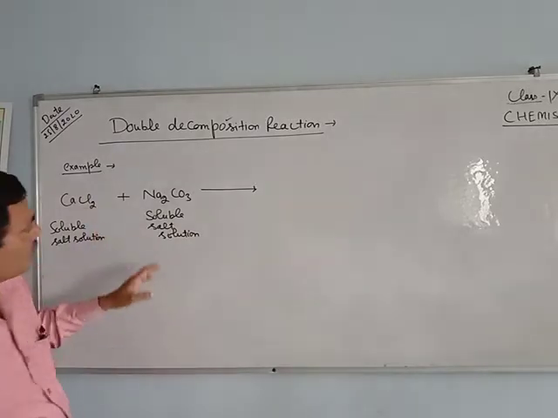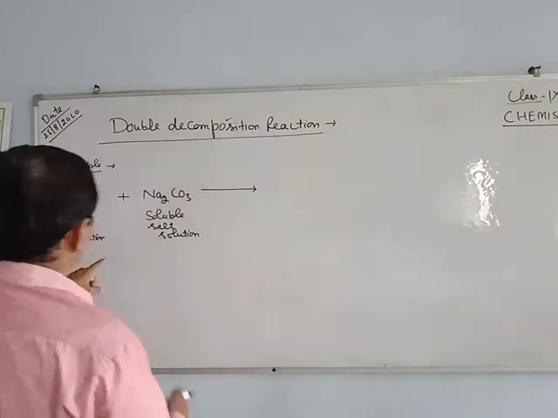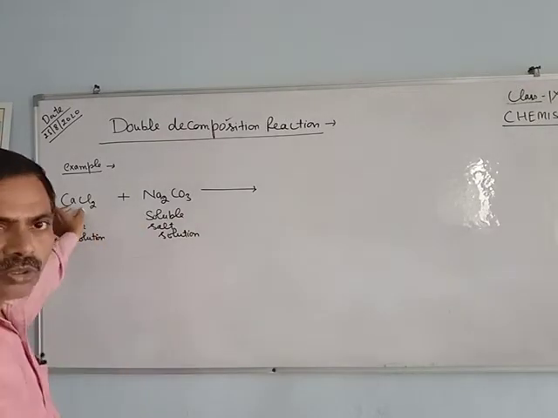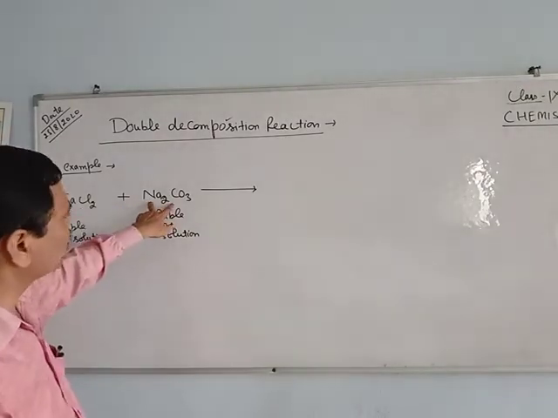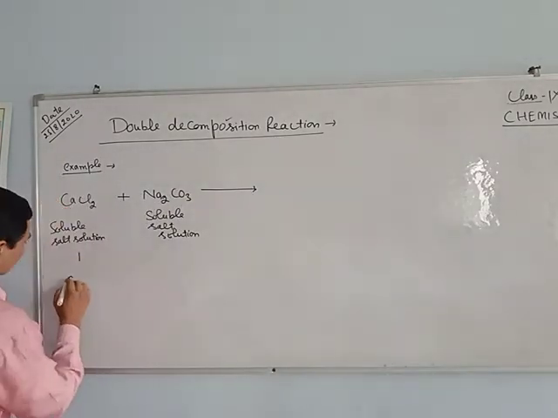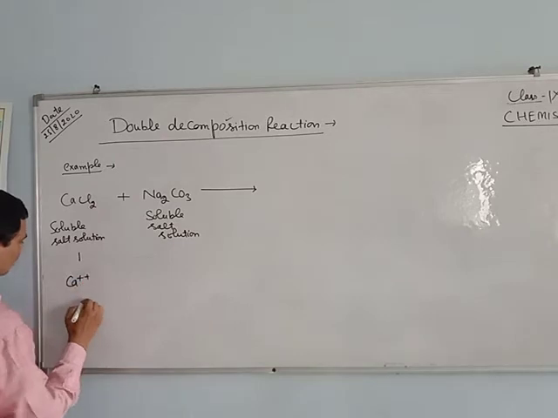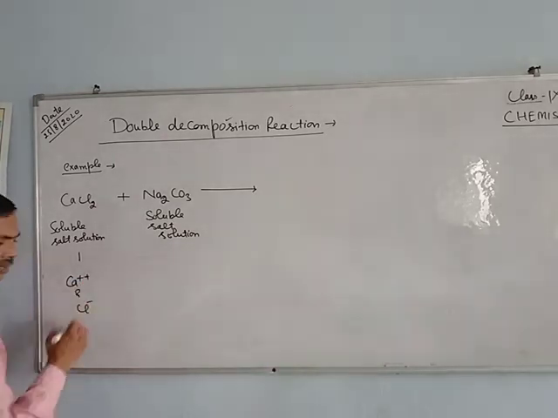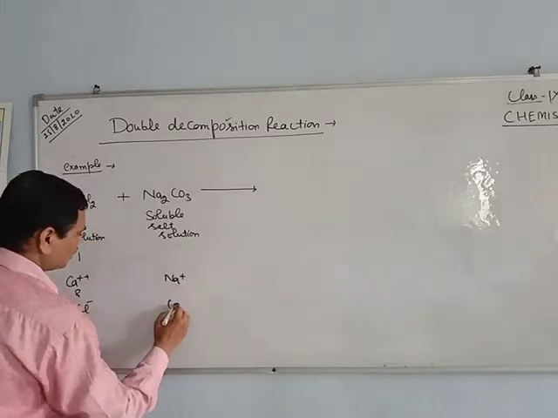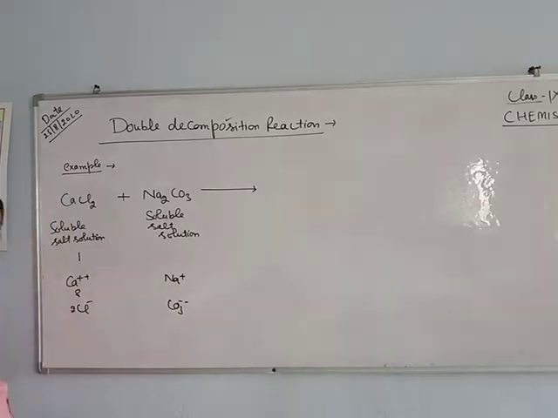Double decomposition takes place in this way. Calcium chloride will split into calcium ion and chloride ions. There are 2 chloride ions. Sodium carbonate splits into sodium ion and carbonate ion.